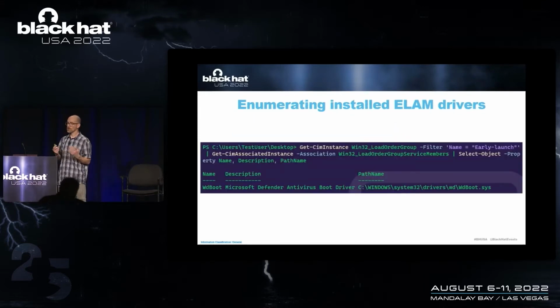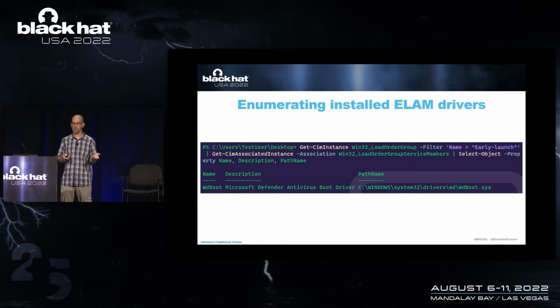I'll talk a little bit about how I went about doing initial recon and discovering what was available, so that I could better understand how ELAM drivers are structured and what the rules in them actually mean when it comes to the signers that are allowed to run as a protected service. What you're seeing here is the traditional way that an ELAM driver is supposed to be registered.